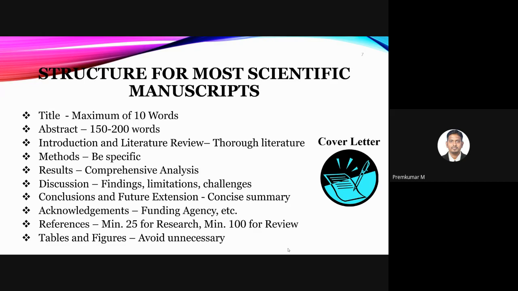So just avoid unnecessary tables and figures. If you follow this, then definitely your article will be better shaped, and it will clear the desk rejections, because most of the papers nowadays are getting desk rejections because people are not following this structure.